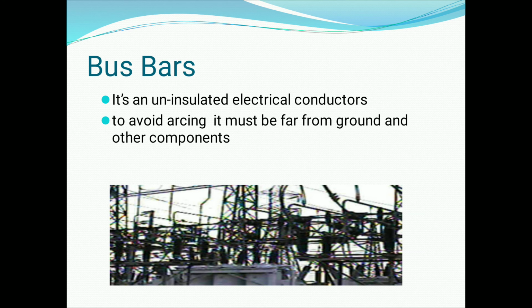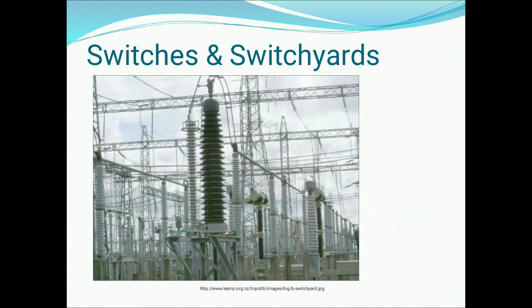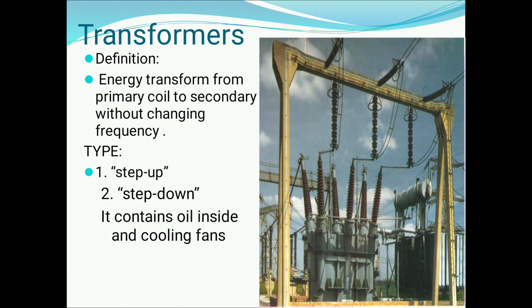In the picture you can see different types of switches and switchyards, basically to protect against faults in the transmission or distribution system. We need to connect different switches. Next is the transformer. The transformer is an electrical machine which transfers energy from the primary coil to the secondary coil without changing its frequency.